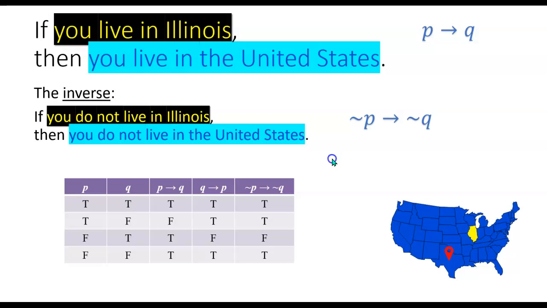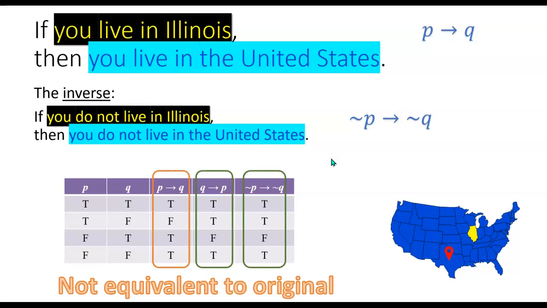So if you look at a truth table, you will notice that the truth values of the inverse are the same as the truth values for the converse. So the inverse and the converse are logically equivalent to each other, but neither one of them is logically equivalent to the original statement that you started out with.